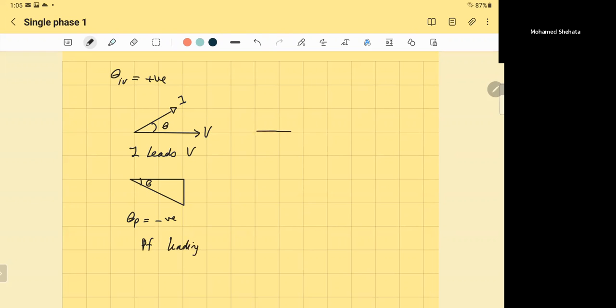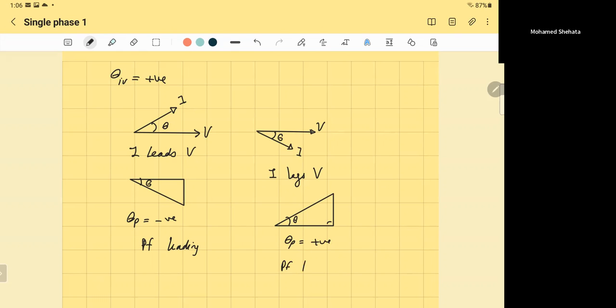But if you have the voltage, and the current lagging, we say that I lags voltage, and you will have lagging power factor. But the power triangle will be like that. So the power angle is positive.